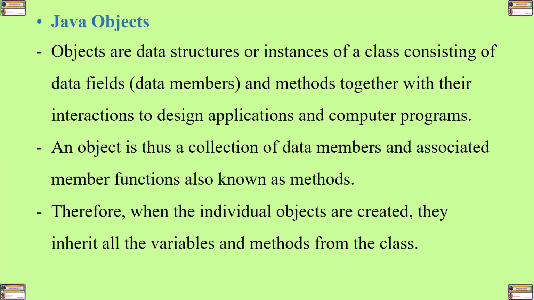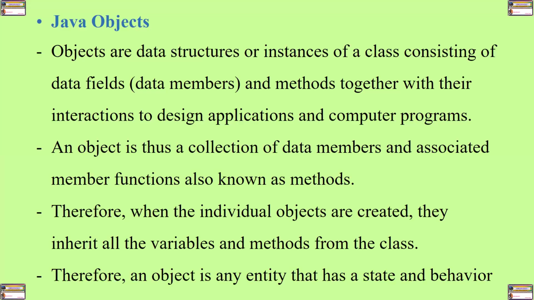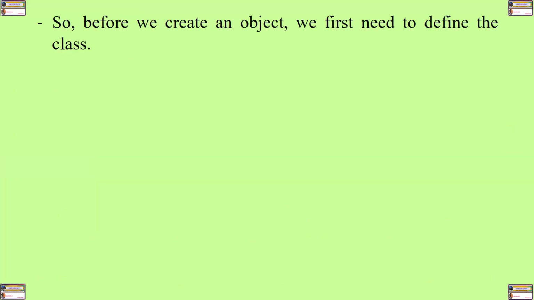Therefore, when individual objects are created, they inherit all the variables and methods from that class. And therefore, an object is any entity that has a state and behavior. Remember, behavior is the method, state is the data members.